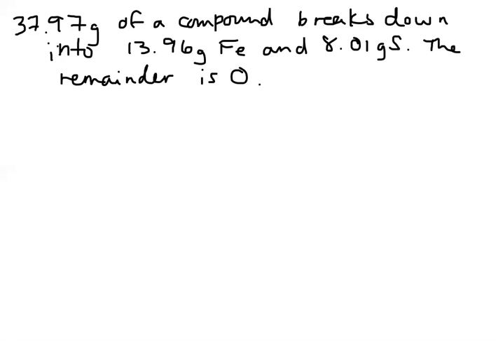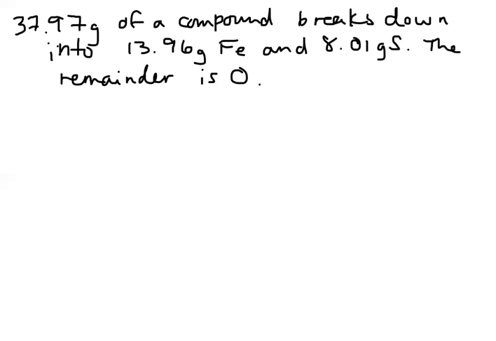Figure out how much oxygen, how do we do that? Yeah, you add the iron and the sulfur and subtract it from 37.97 because in these types of reactions, you're not going to lose mass, you're not going to gain mass, it's conservation of mass.